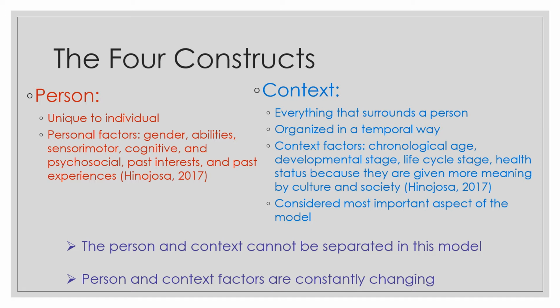Like the person construct, these context factors are constantly changing, and the context is considered the most important aspect of this model. The person and context also cannot be separated in this model since they're constantly changing for that individual and because they are so intertwined.